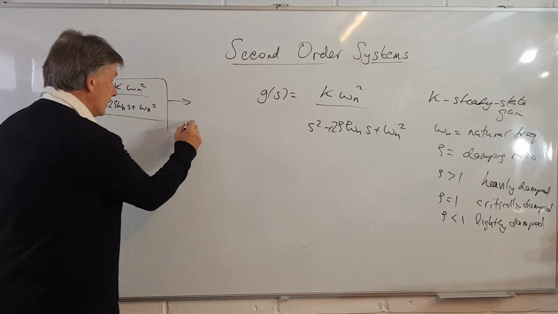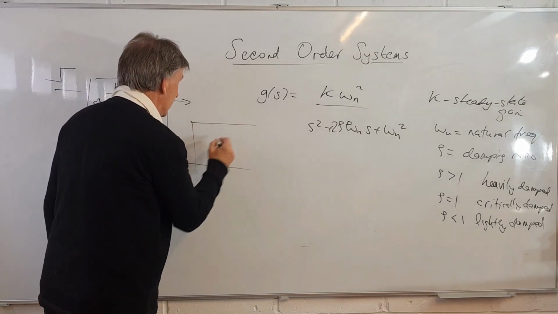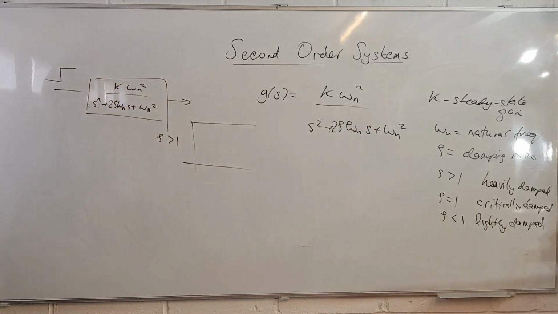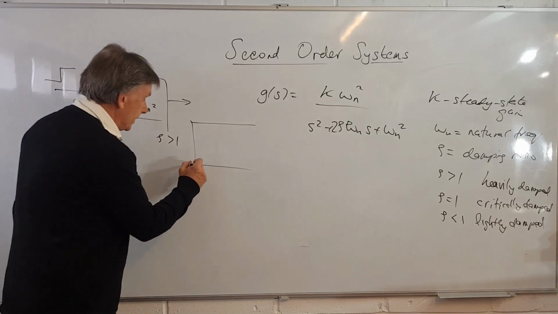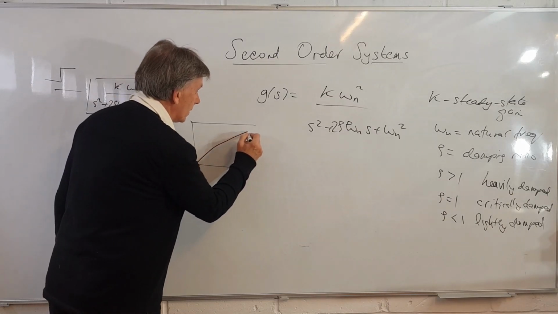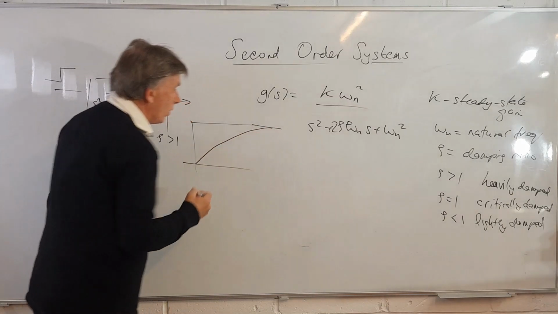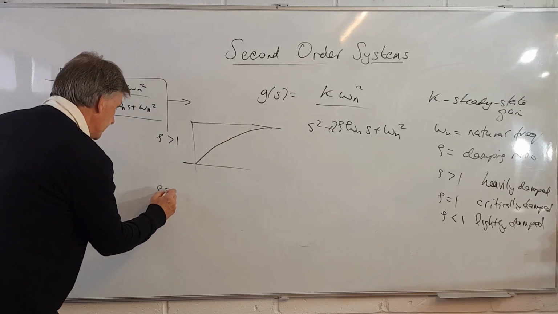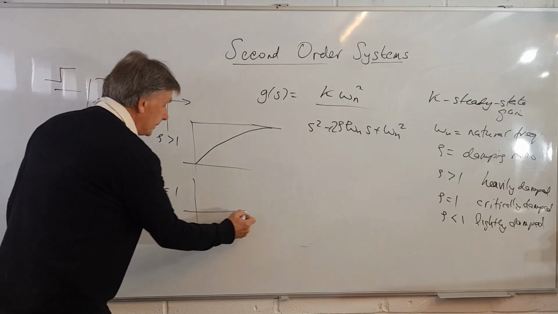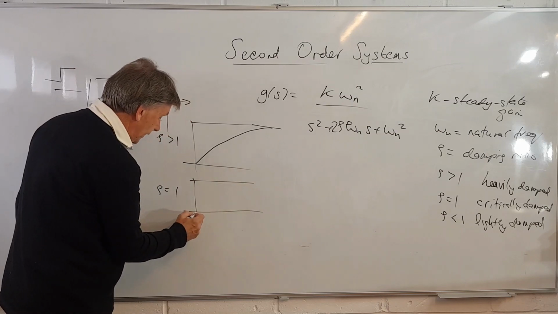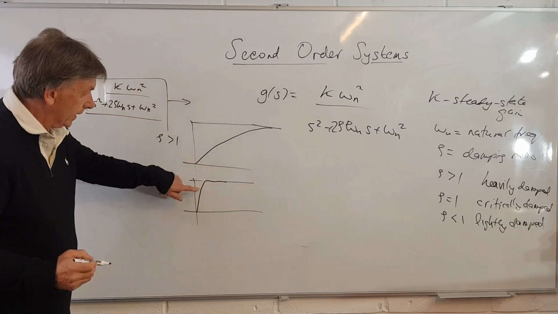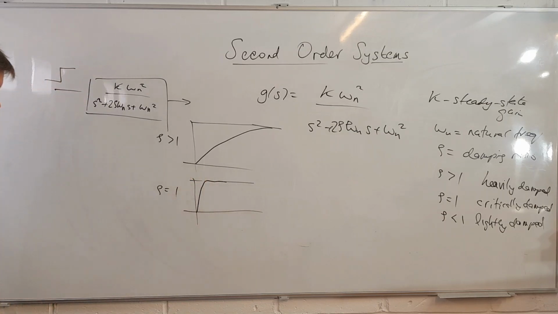The first one might be when the damping ratio is bigger than 1. This will be the heavily damped case, and the response will be quite slow and won't show any overshoot. When the damping ratio is equal to 1, the transient response is faster, and is in fact as fast as it can be without making an overshoot.